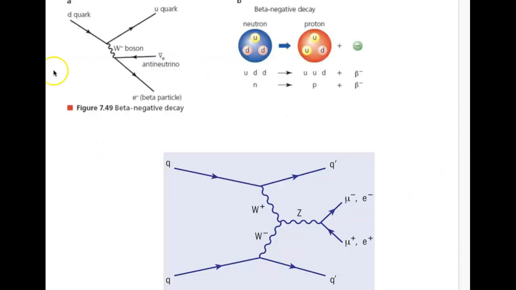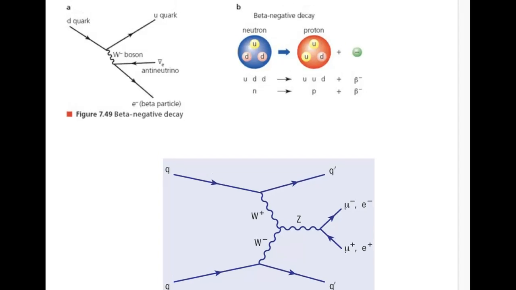This one is another diagram, but for exactly the same reaction. Here we only have one of the quarks. The down quark changes to an up quark. The boson is given off, and we get your neutrino and your beta particle. This is a different diagram because here they're using left to right.